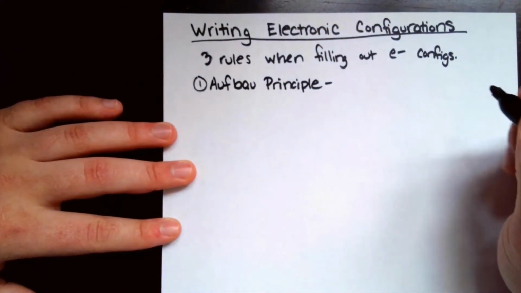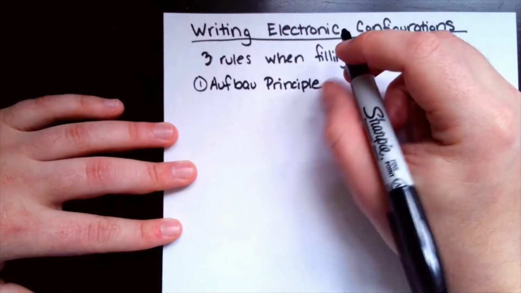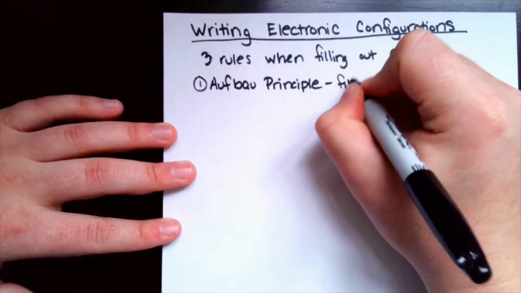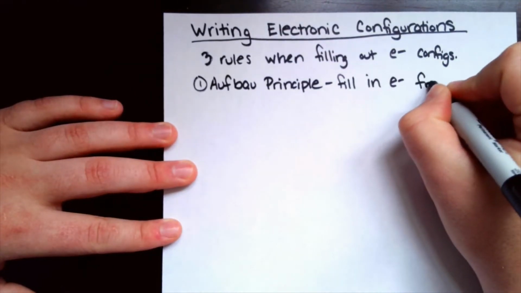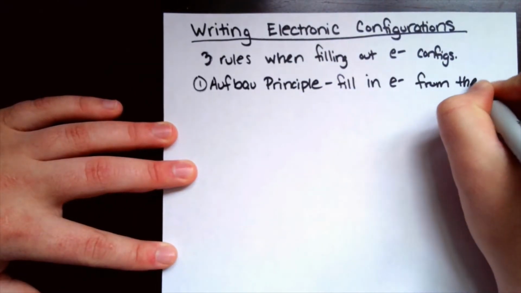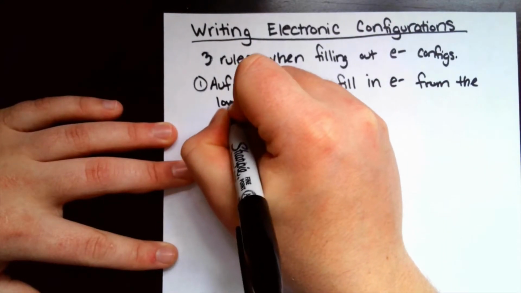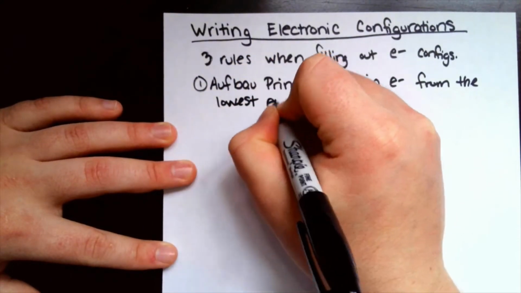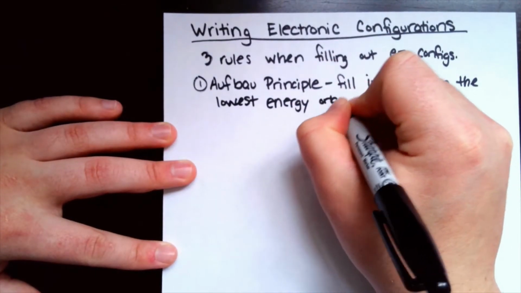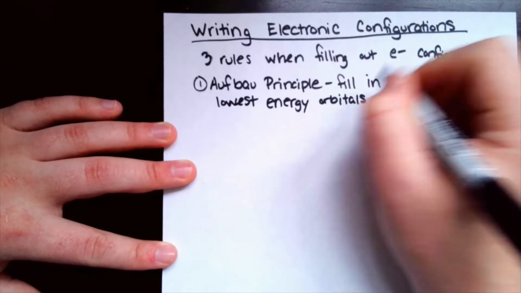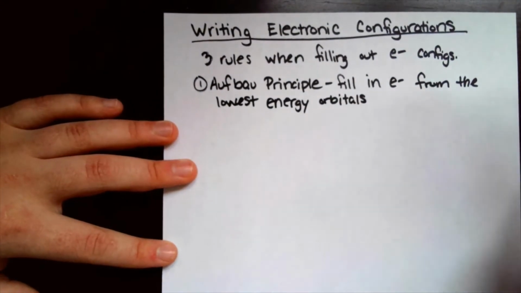The Aufbau principle says that you need to start filling in electrons from the lowest energy orbitals and basically work your way up from there.